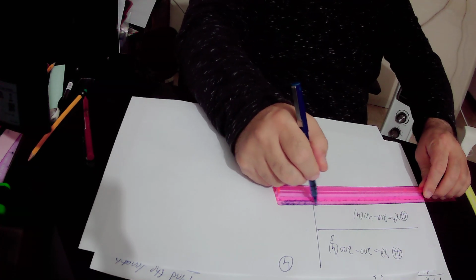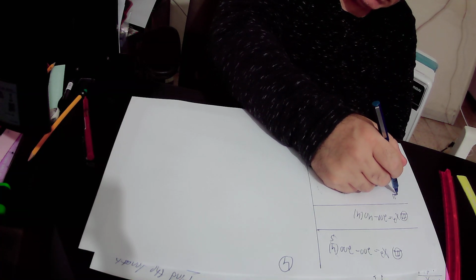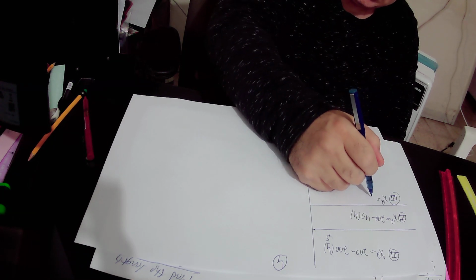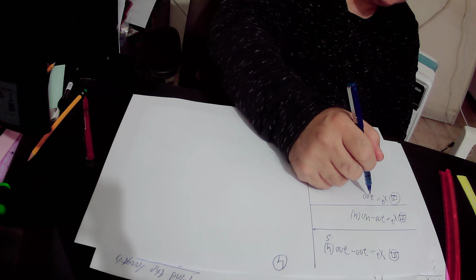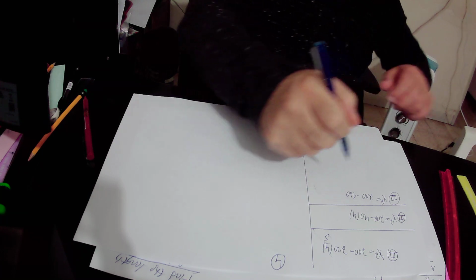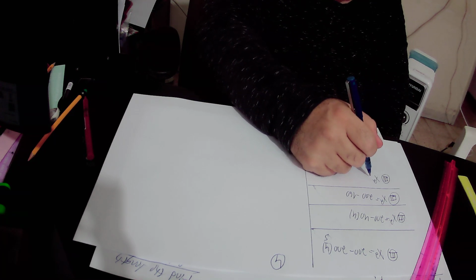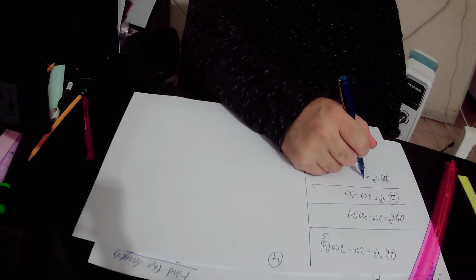So according to equation number 3, x squared equals 200 minus 40 times 4 is minus 160. So x squared equals 200 minus 160 is 40.